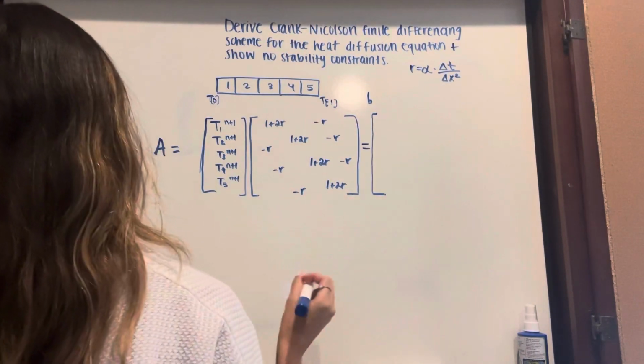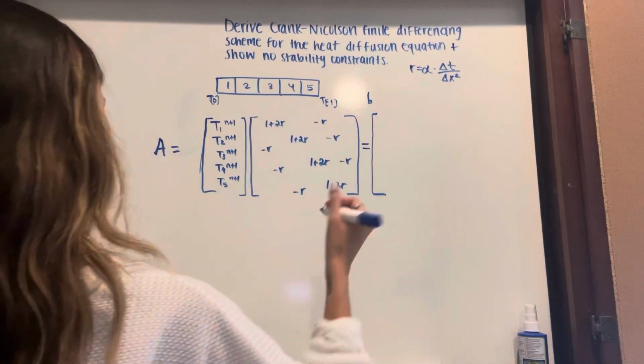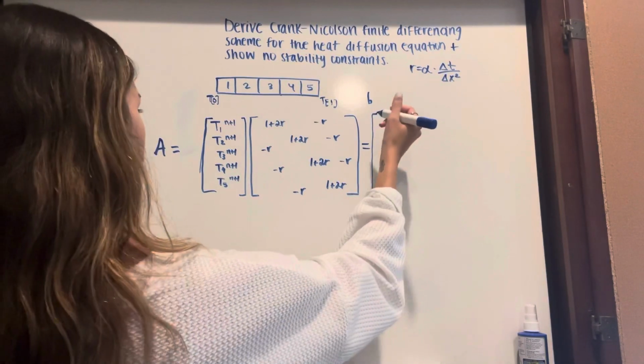And for B, we're going to calculate the initial temperatures in a vector.